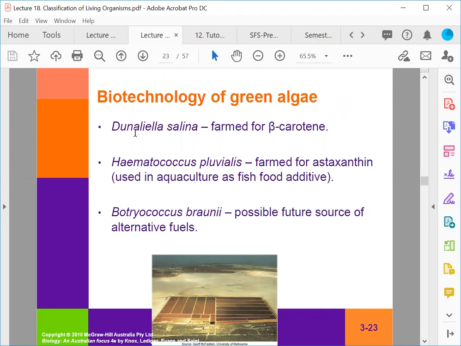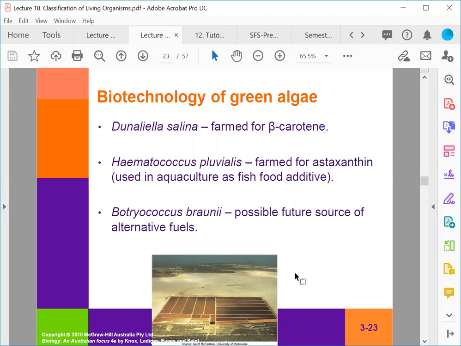So this particular algae called Dunaliella salina is intensively farmed for this substance, beta-carotene. Really important because beta-carotene is very easily converted into vitamin A. And here's one of these large ponds. This is in Western Australia, I believe.